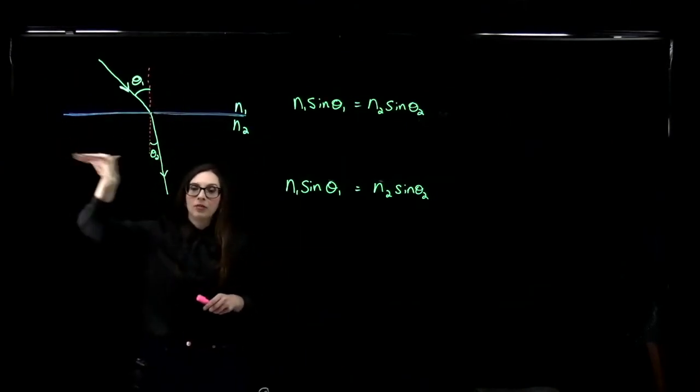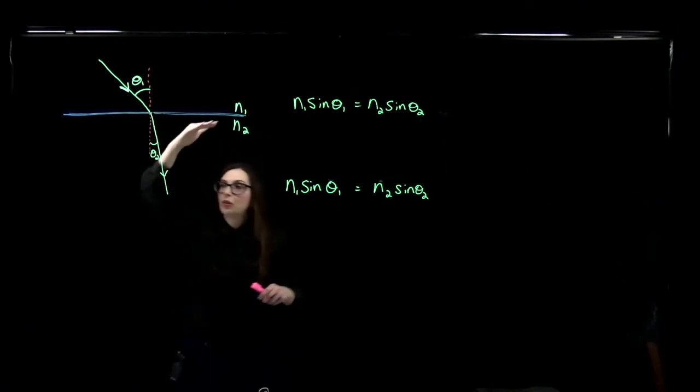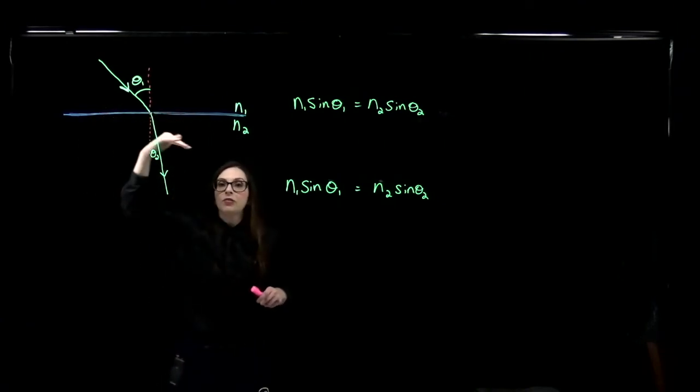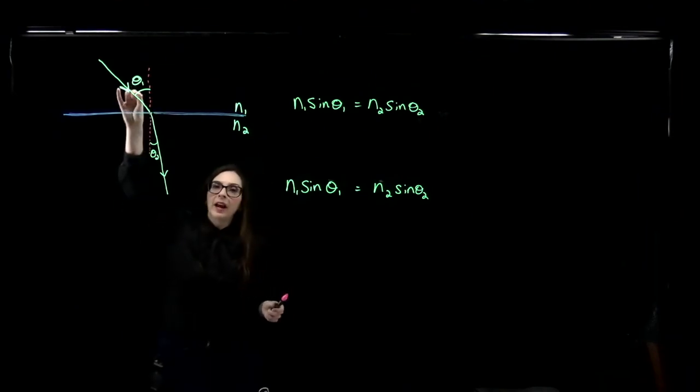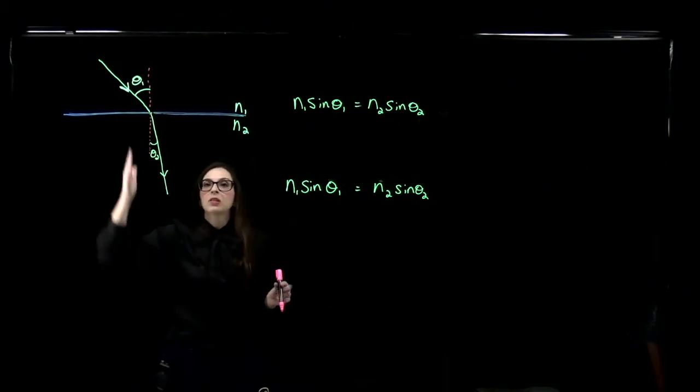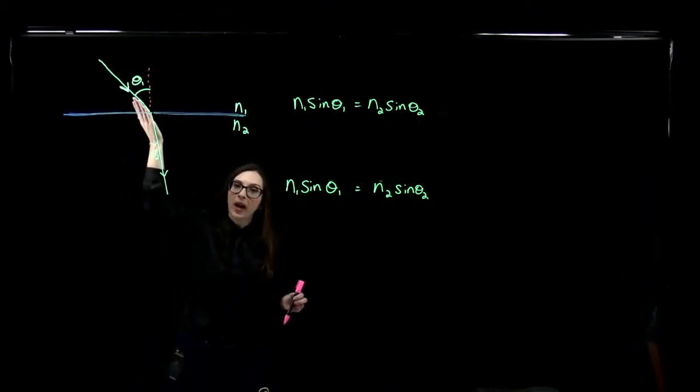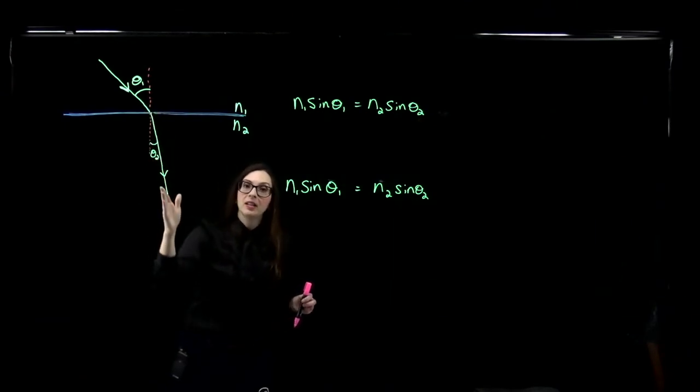On bottom, I have something with an index of refraction of n2, so this line is the interface between those materials. You see my ray of light has an arrow. That ray of light tells me the direction that my light is coming. So my light is coming in this way. It encounters the interface between the materials, and then it gets refracted, bent, in the second material.